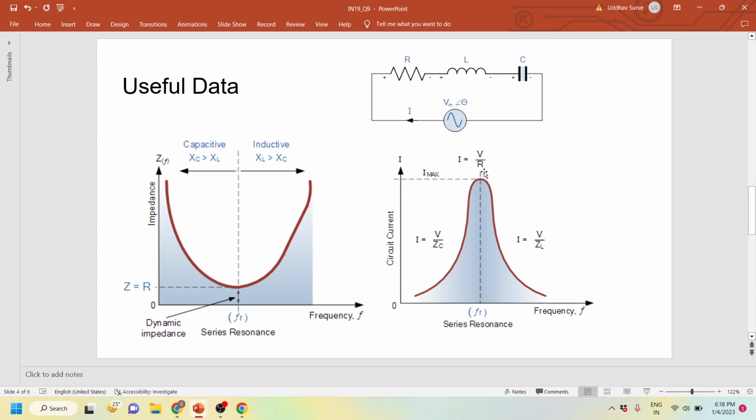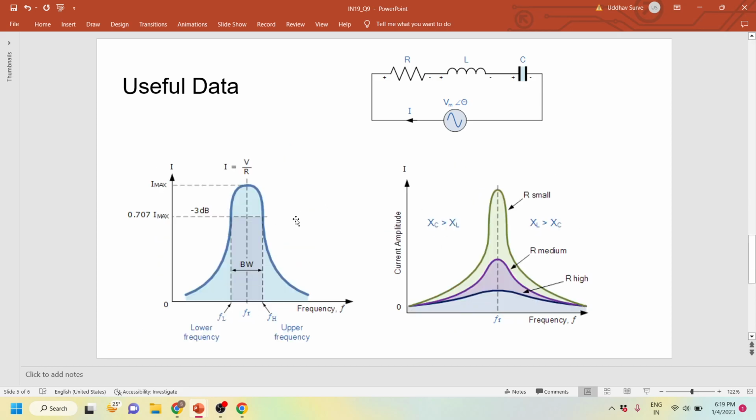This peak in the current governs the nature of the response, and this magnitude depends on the value of the resistor. Just looking at the figure on the right hand side, whether R is small or high, that peak will be suppressed or more peaky in nature, and the pattern will be the same. XC greater than XL will be on the left, XL greater than XC will be on the right.